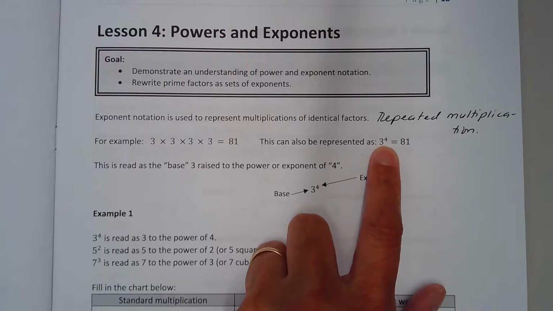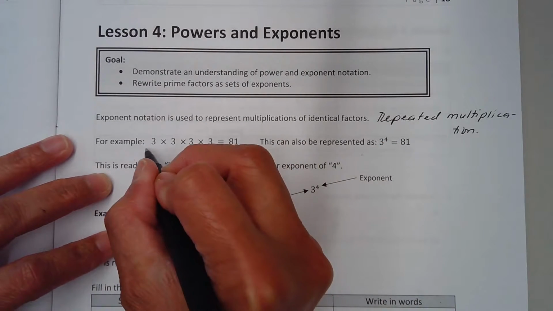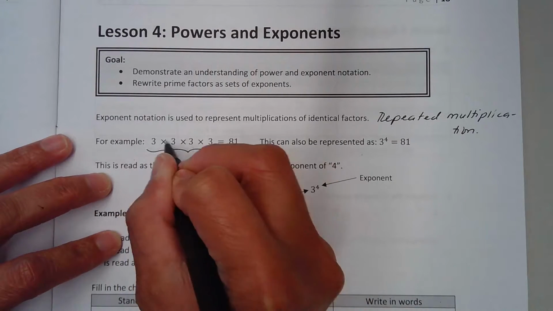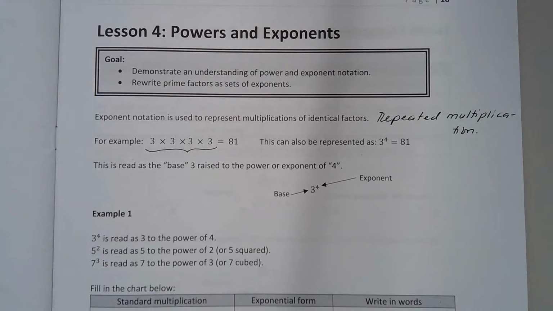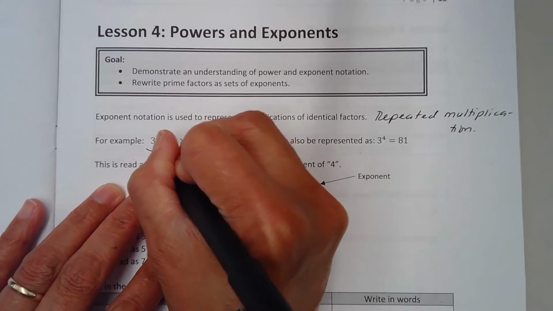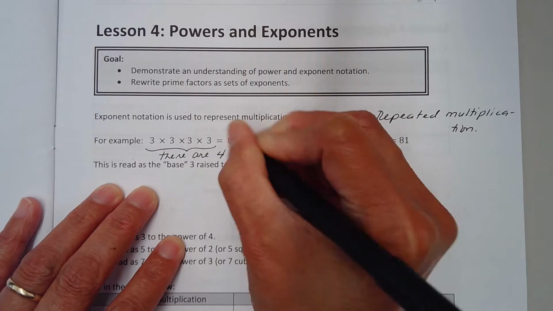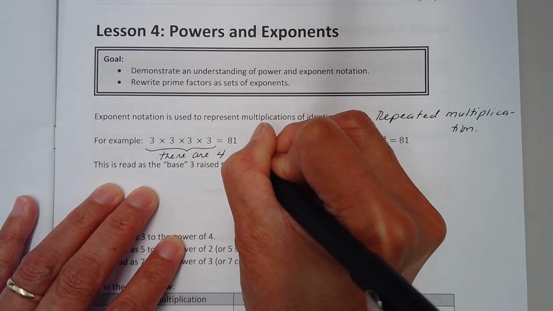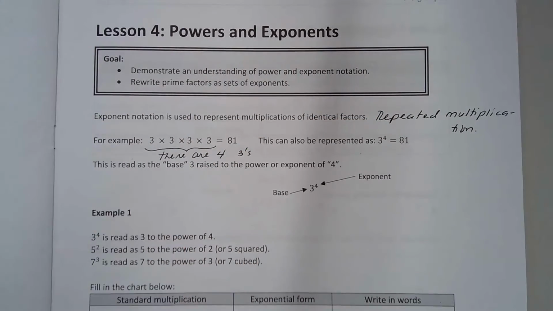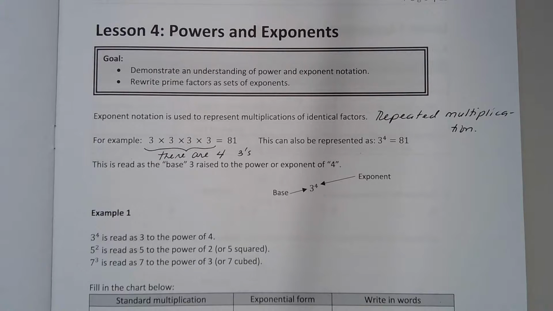Well, what's the 4? The 4 means how many 3's do we have to multiply? There are 4 3's. So our exponent is the 4.